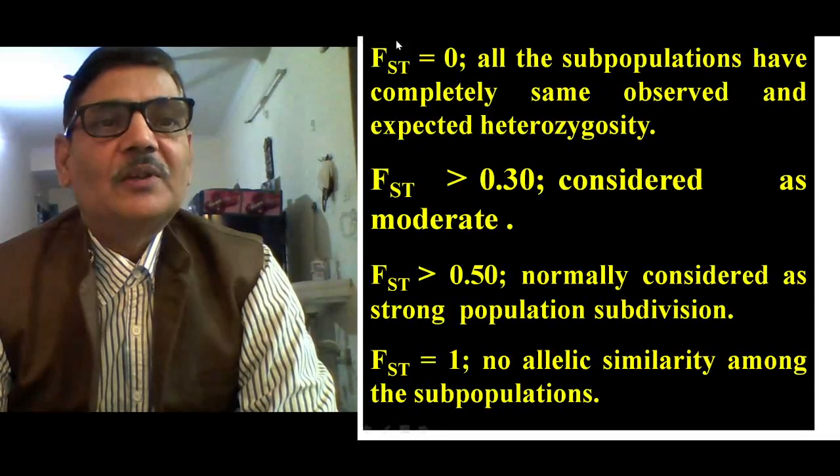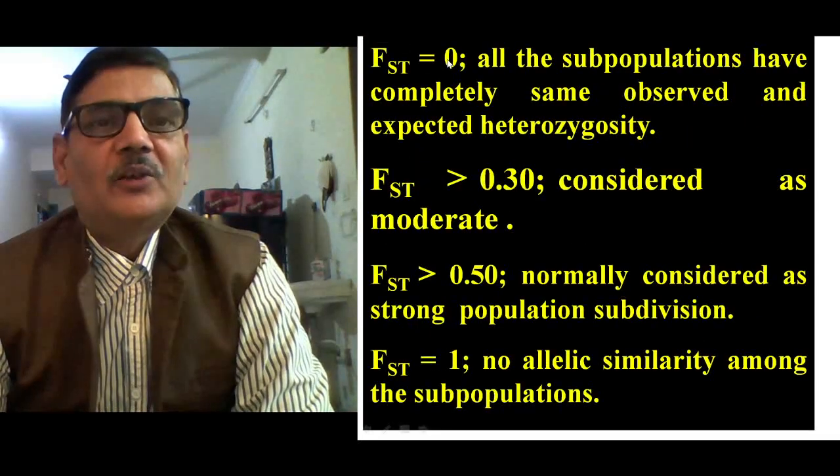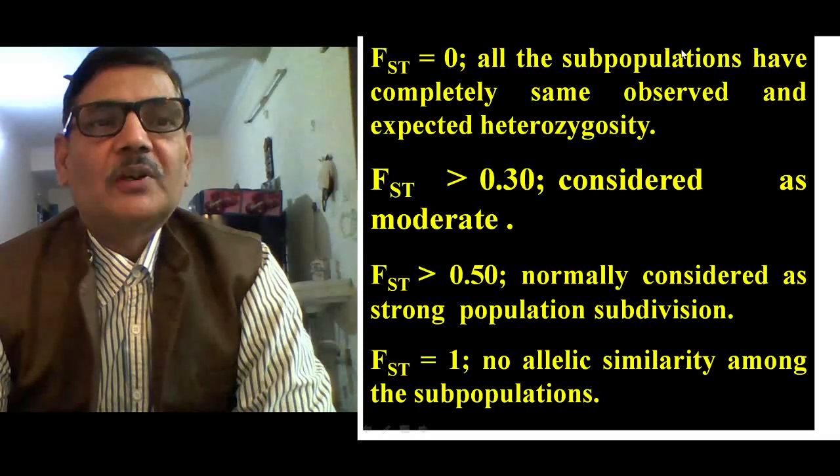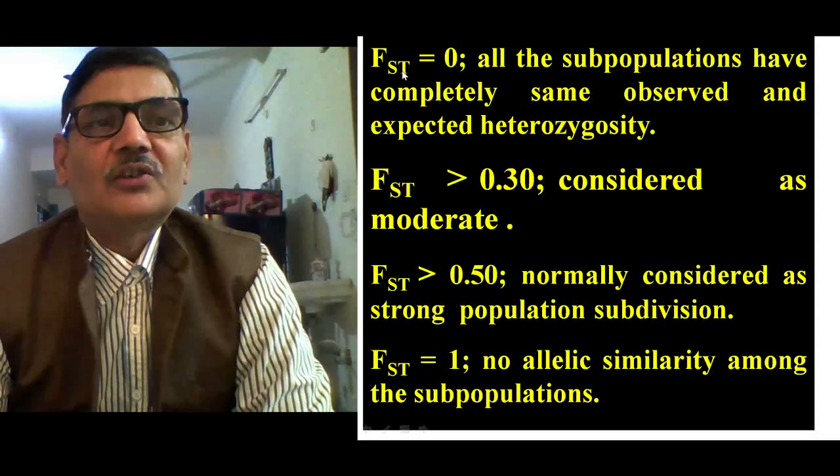If this value is 0, it means all the subpopulations have completely the same observed and expected heterozygosity. It means there is no difference among the populations. All populations are genetically the same. So once again, only if all the subpopulations possess the same observed and expected heterozygosity will this FST value come to 0.